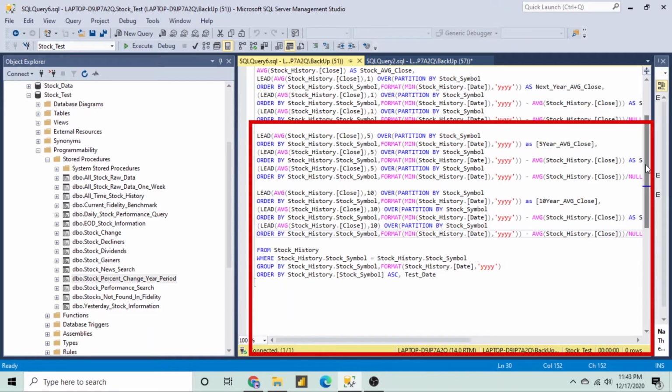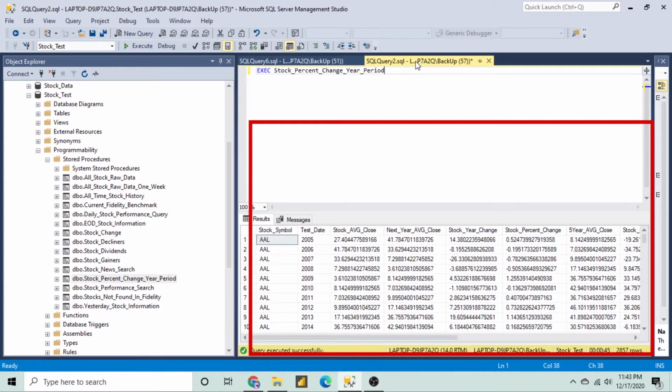We are only going to be using the stock history table, where the stock symbol history equals the stock symbol history. Those two are basically going to equal each other. Then we're going to group it by the stock symbol and the date, which is going to be outputted as a year, and then it's going to be ordered by the stock symbol and our column called test date.